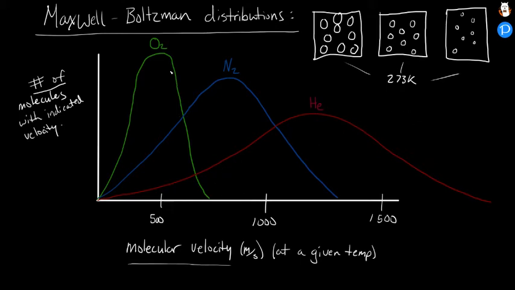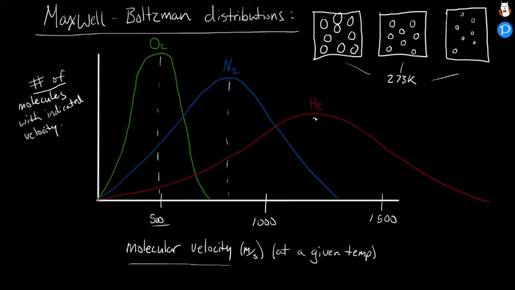Well, if we look at oxygen here, the distribution we would see is that by far most of the particles have kind of a slower velocity. So most of the particles for oxygen are around 500 meters per second. But then for nitrogen, most of the particles are a little bit faster than that, somewhere between 500 and 1,000 meters per second.